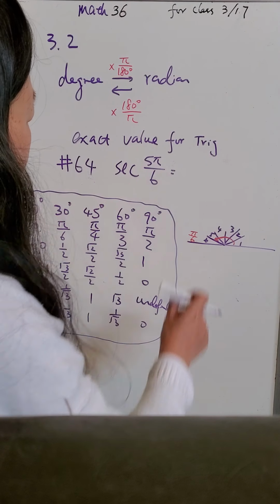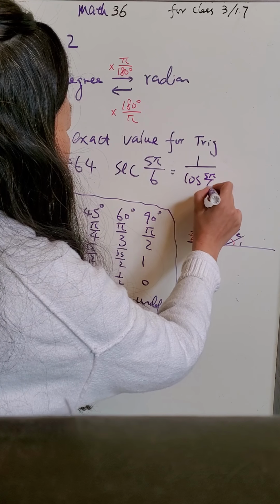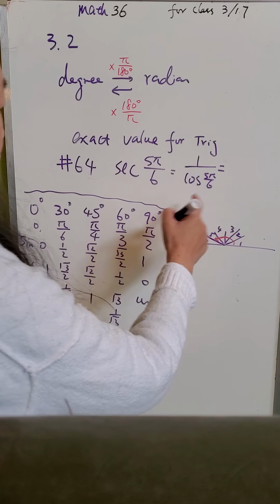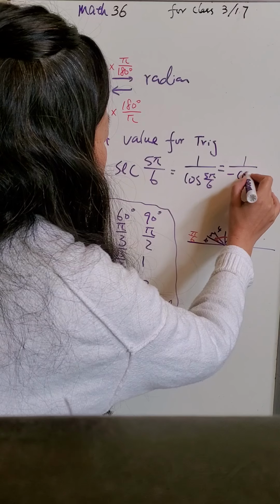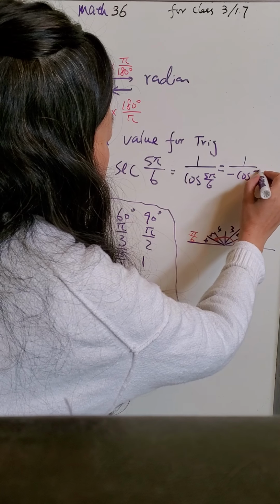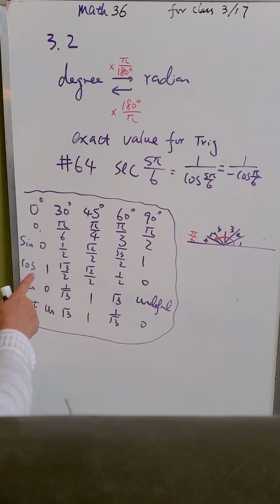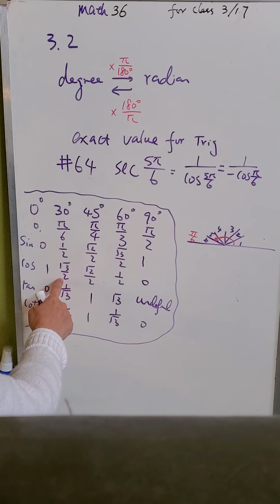And so secant is equal to 1 over cosine 5π/6. And that's your second quadrant, so cosine is negative, so it's the same as 1 over negative cosine π/6. You take the reference angle. Cosine π/6 is square root 3 over 2.